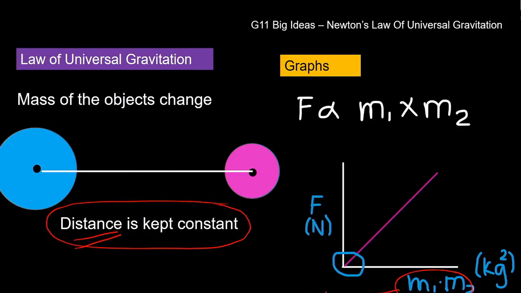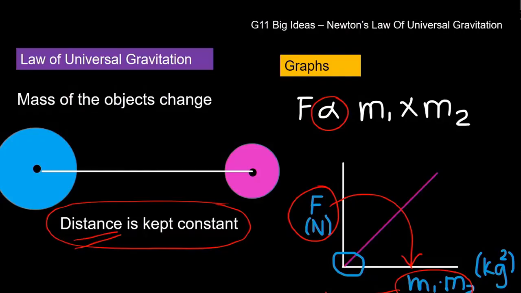And so the dependent variable is going to be the force. So the force is dependent on the masses of the objects. And what Sir Isaac Newton found was that the force was proportional, that little fish sign, to the product.